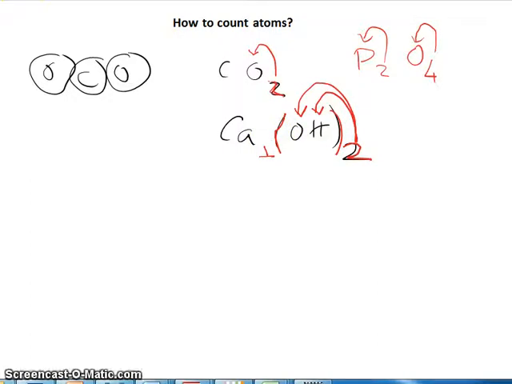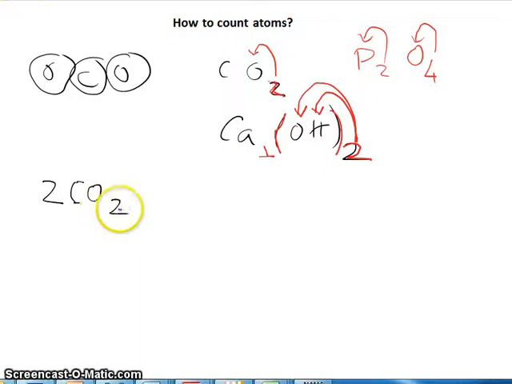Now, another thing that really confuses students is, what happens if you have a number in front of the whole thing? So let's say you have 2CO2. Well, how many atoms is that?